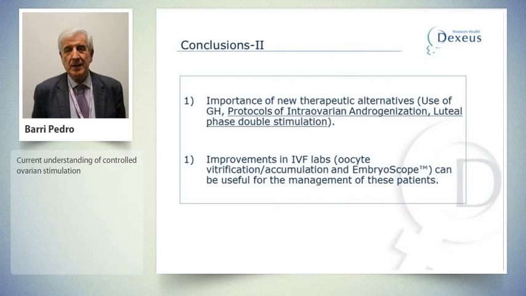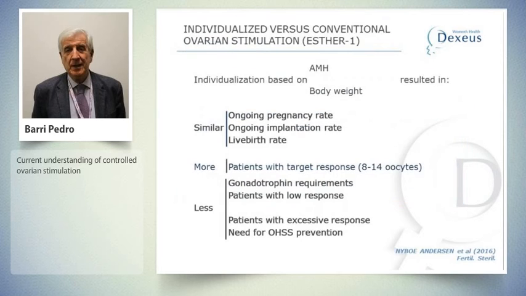And of course, the improvements in IVF labs thanks to the quality of oocyte and embryo vitrification, the possibility of accumulating oocytes and embryos, the use of time-lapse methodology to improve embryo evaluation. And in the end, you will have to decide between individualized versus conventional ovarian stimulation.